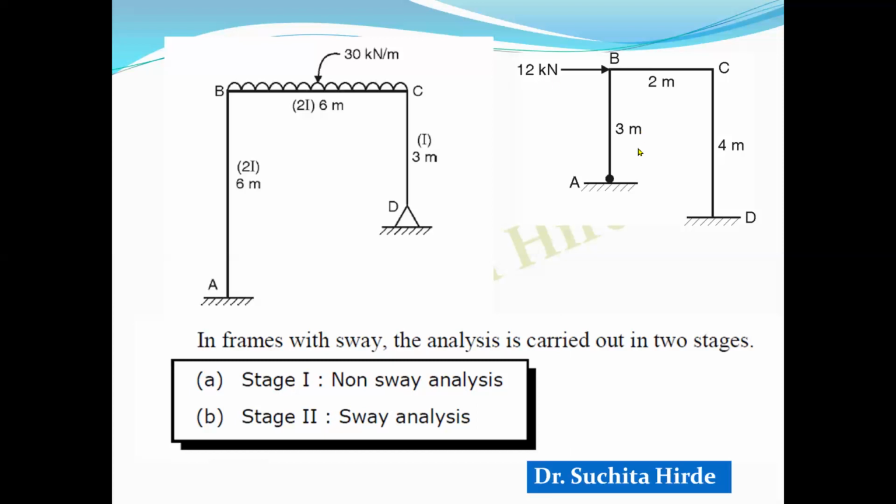So this frame is to be analyzed only for sway analysis. Here there would be two stages, stage 1 and stage 2, but in this case there will be only stage 2 because fixed end moments are not developed in this type of frame. So let us solve one example on analysis of portal frame subjected to sway using moment distribution method.